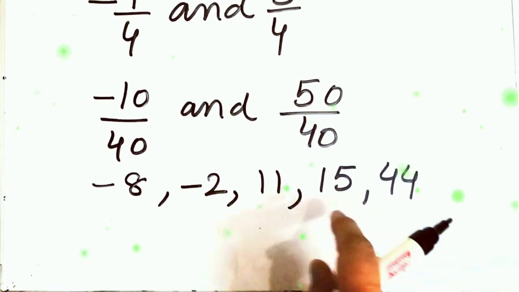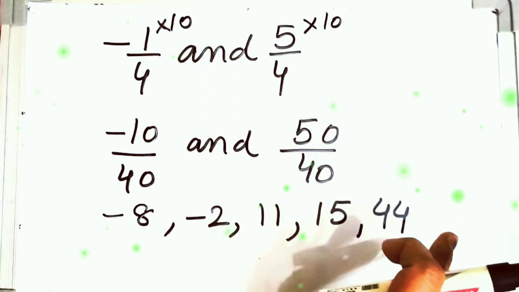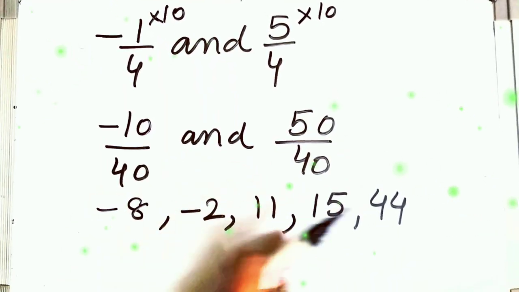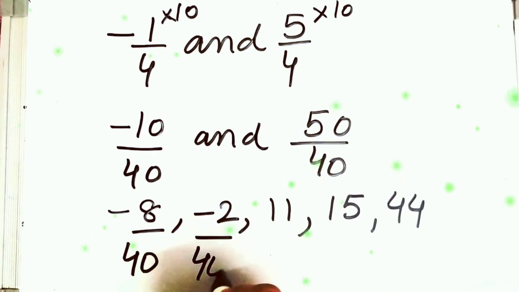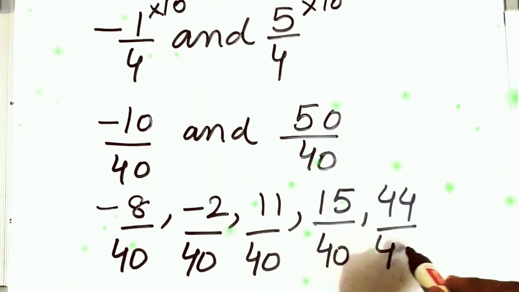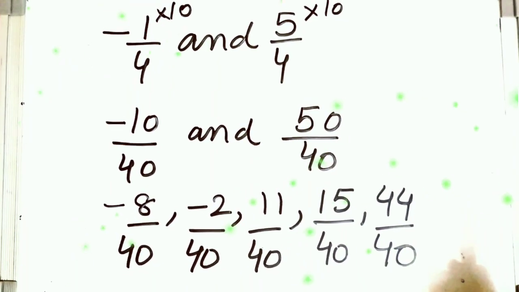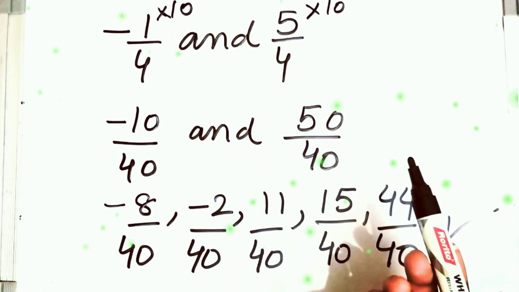The easier method is that now the denominators are same. Just take the numerators and write them like this. The denominator is going to be the same because they are like fractions, right? Over 40. So that's it. These are the set of 5 rational numbers between these two rational numbers.